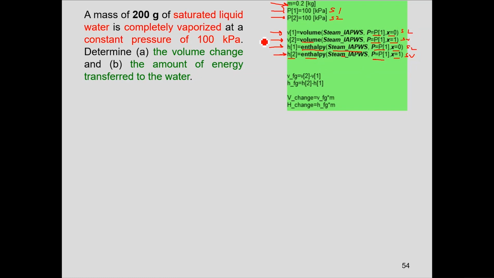Once you have these values, the software would find VFG as the difference of specific volume stored in row 2 minus specific volume stored in row 1. Similarly, HFG is the enthalpy value stored in row 2 minus enthalpy value stored in row 1. V change and H change are simply these values multiplied by the mass.